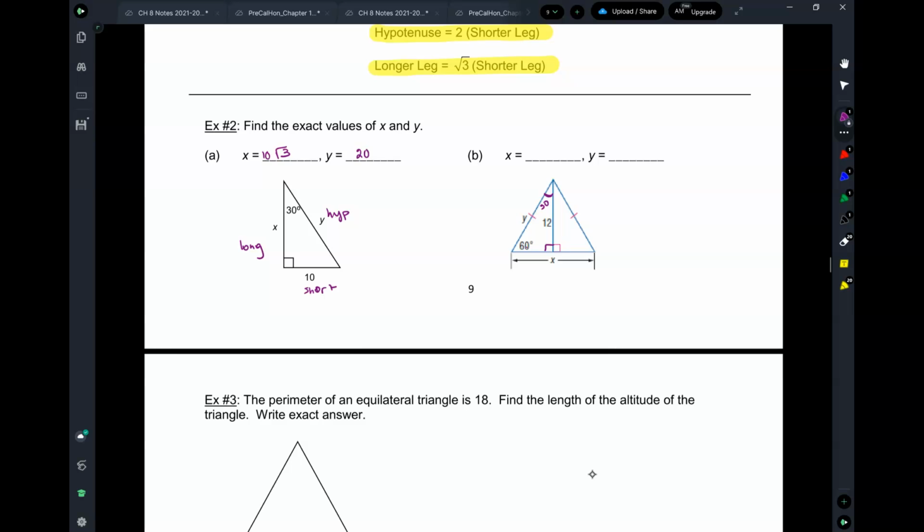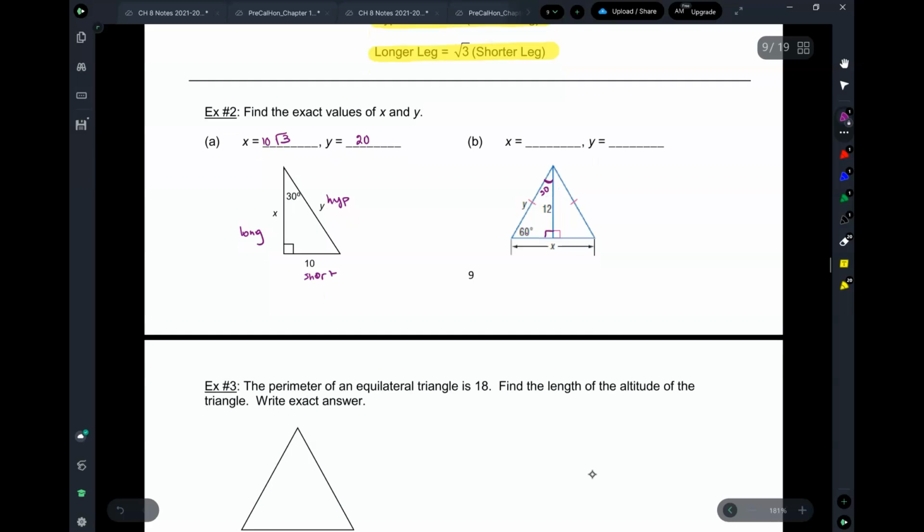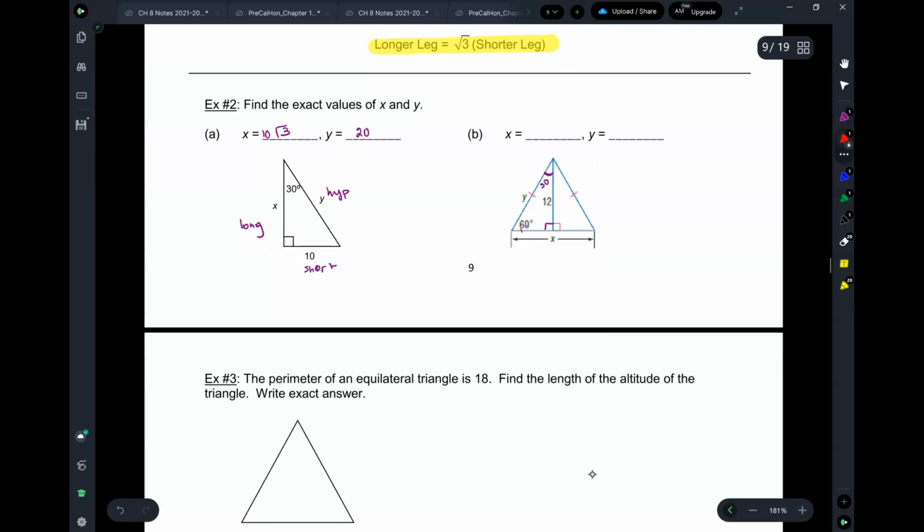Okay, so this one here is only half X. Okay? All right. So, what I'm given is this. So if the long leg is 12, how much is the short leg? Let's see. The long leg is root 3 times the short leg, right? Is that true?